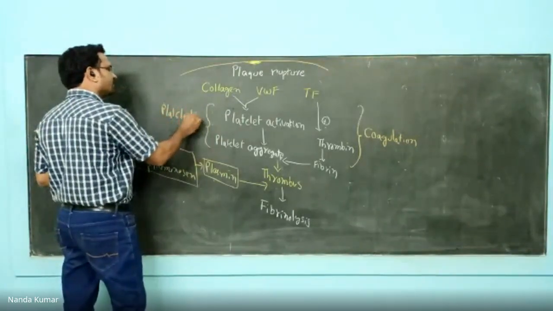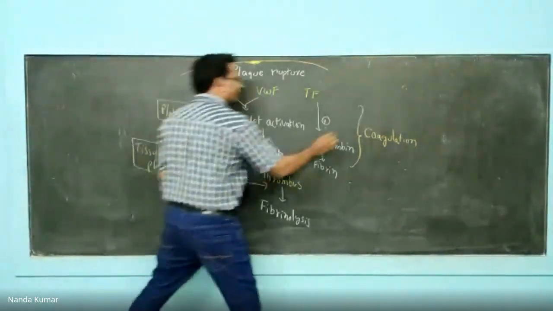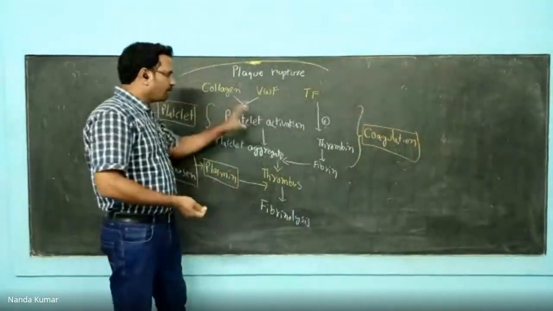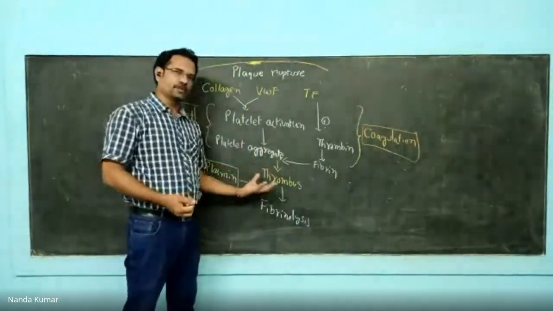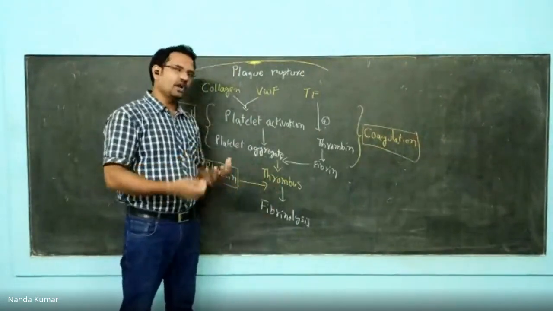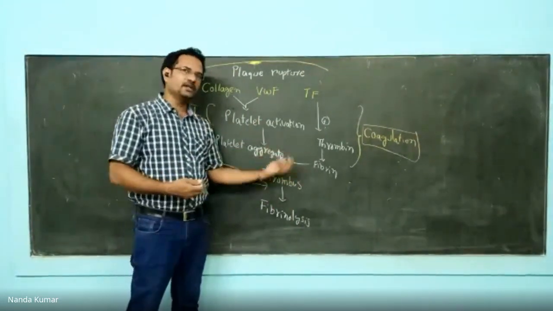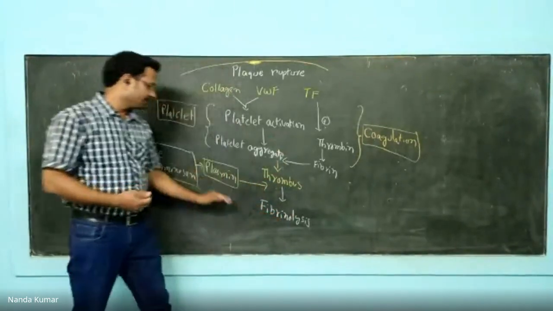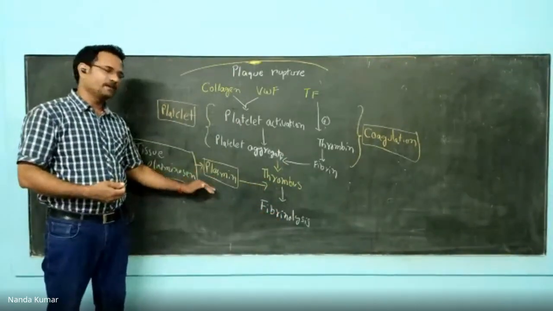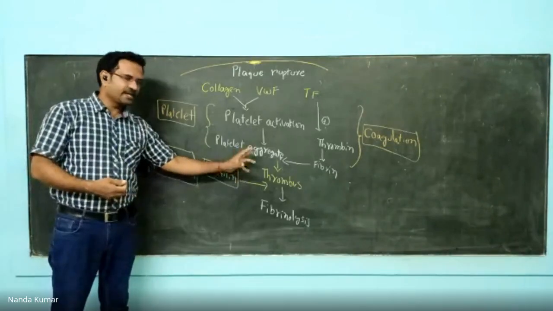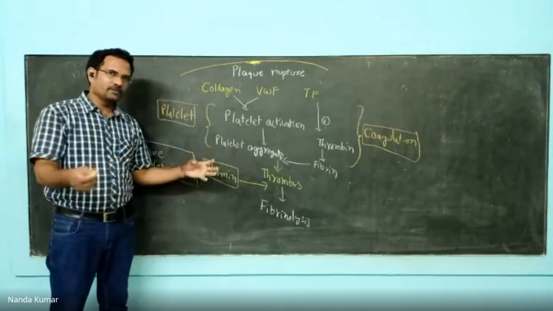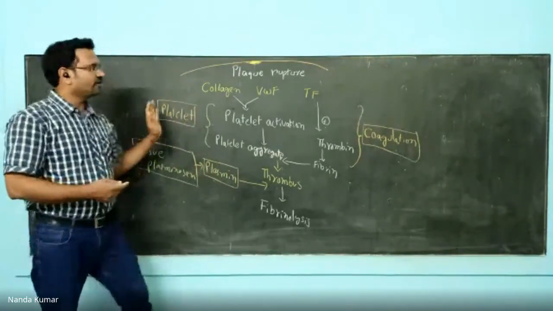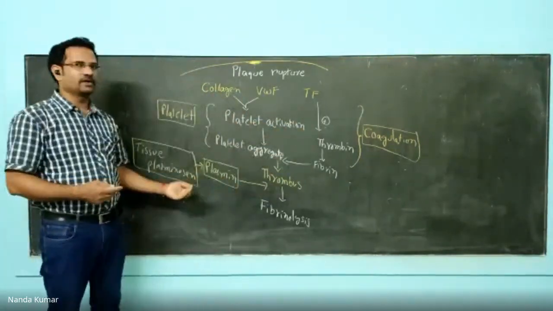Both of them will form a thrombus. Once the job of the thrombus is done, the fibrin is cleaved in a process called fibrinolysis, by plasmin. When plasmin breaks the fibrin, the thrombus clot will be cleaved and blood flow will be normalized. This is platelet activation, that is coagulation, this is fibrinolysis.